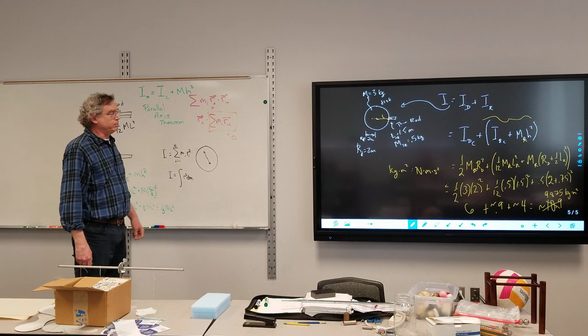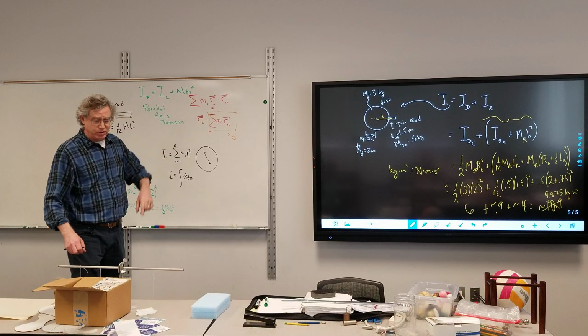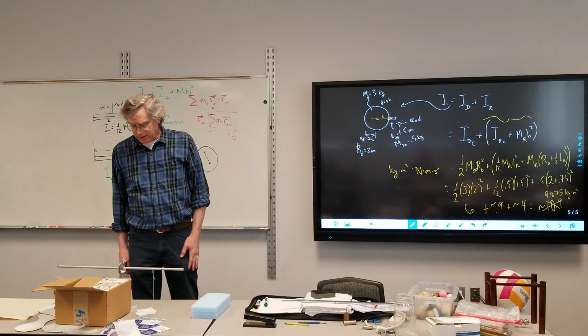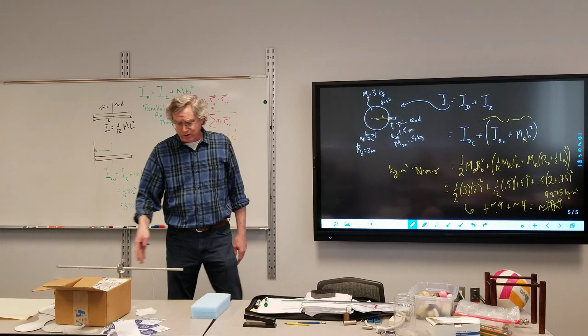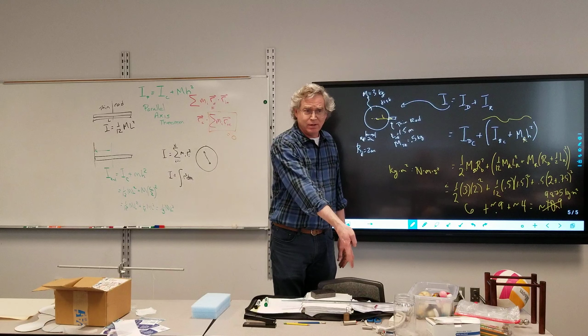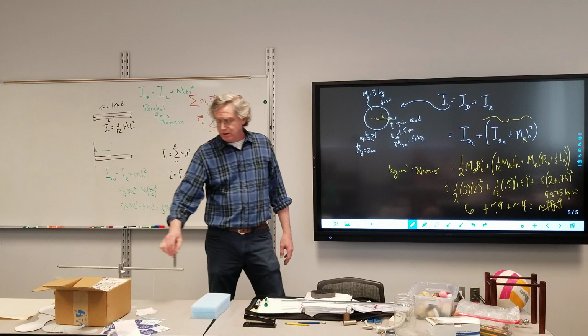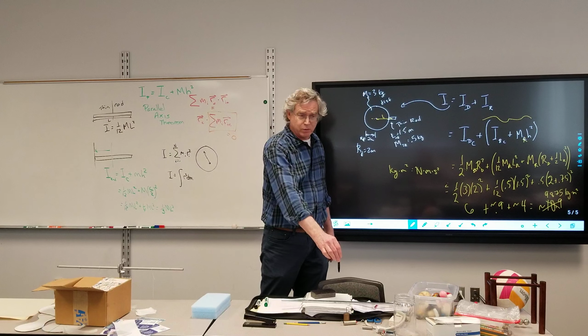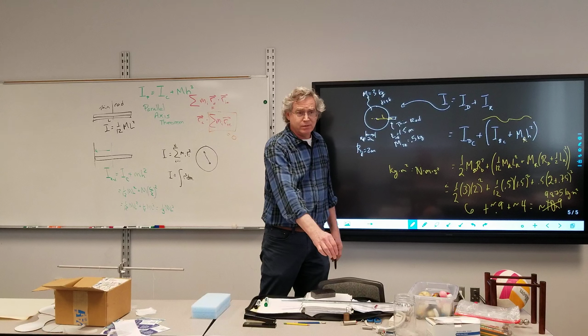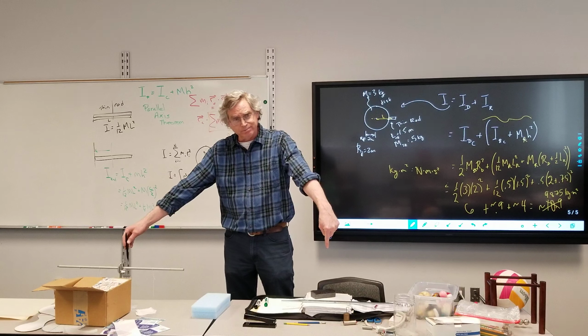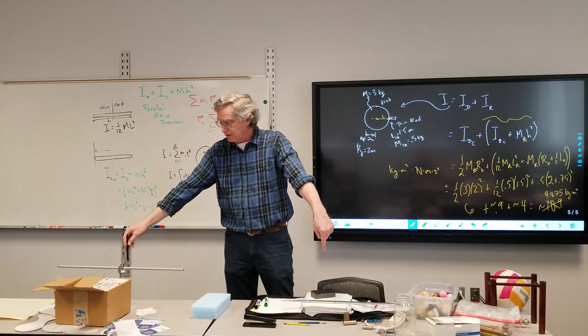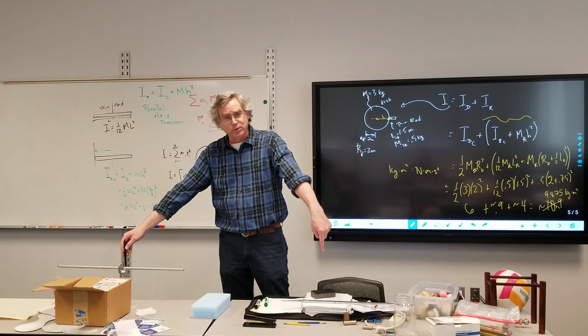I don't have the moment of inertia of a rod rotating about this point. So I've moved the axis from here parallel to another axis here. So two parallel axes, thus the parallel axis theorem. And so I have to take that shift into account.